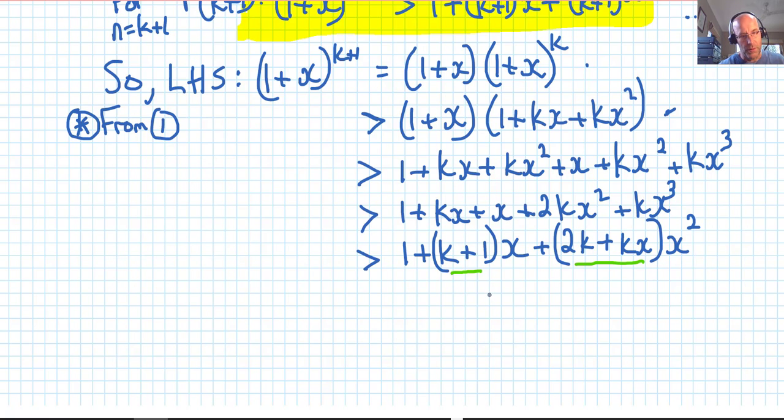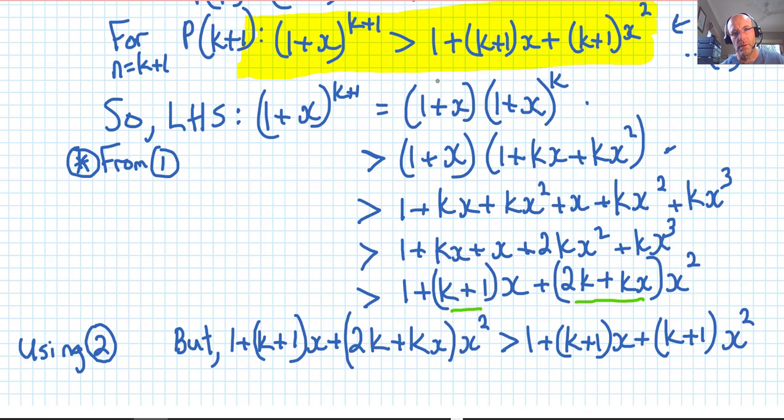You can see that I've grouped the x terms, or factorized the x terms and the x² terms, because I'm going to get a couple more of those sort of terms when we develop the right-hand side. Through experience we get better at seeing these things. It might not be apparent first time you do it.